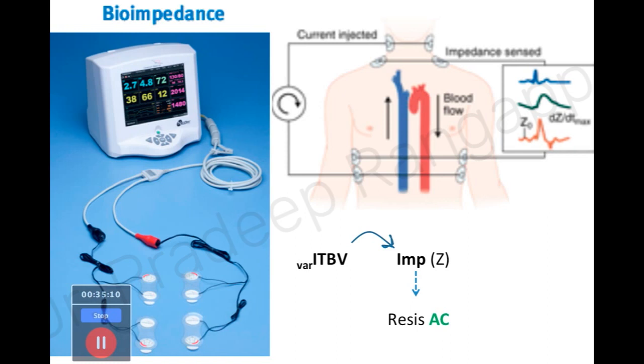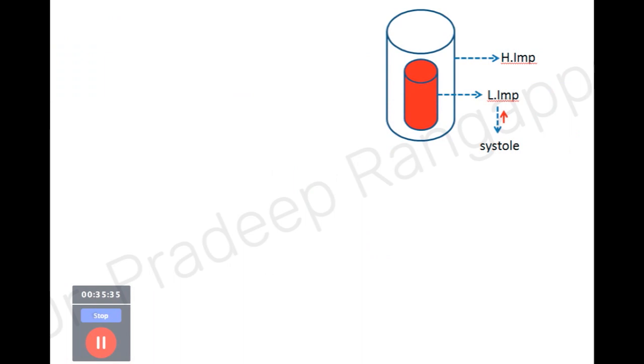Basically, you pass a current into the body and you look at the resistance that the body shows to the flow of current in different areas, and based on algorithms, you derive the cardiac output. It is basically the resistance of your own body system to the alternating current that is utilized to determine the cardiac output. I've put it in a very pictorial way for you.